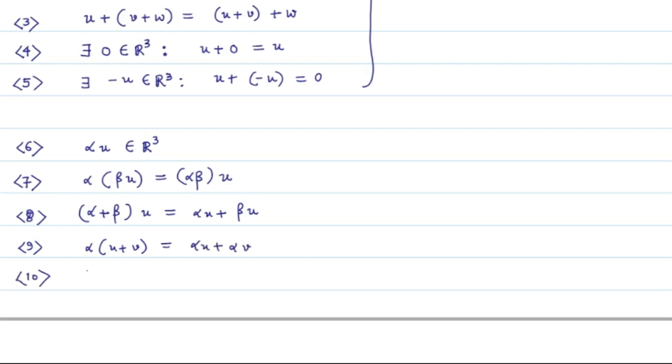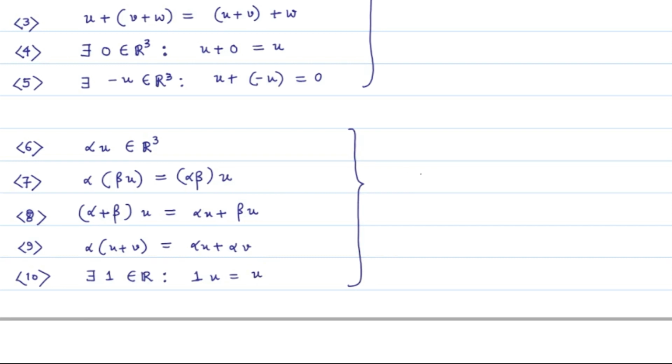We have a very special element 1 in the real number set, for which we all know that 1 times any vector u gives us the same vector u. These are five properties that we are all aware of regarding scalar multiplication with vectors.